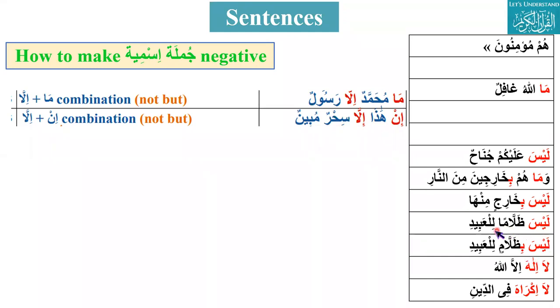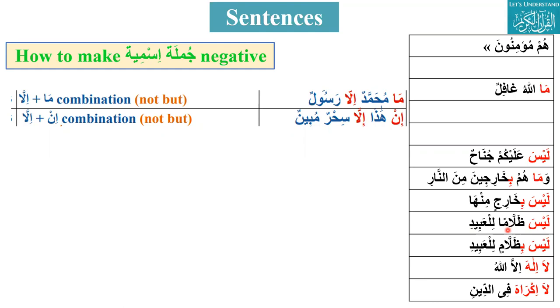Laysa zallaman lil abid. Laysa, he is not. Zallaman, the biggest wrongdoer. This is mubalagha, zalim, mubalagha, zallam.